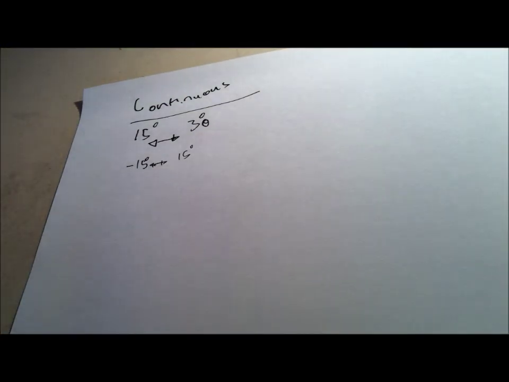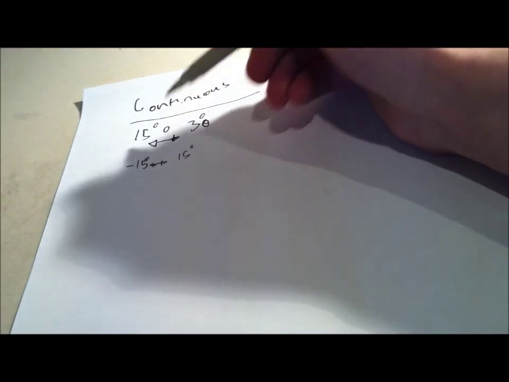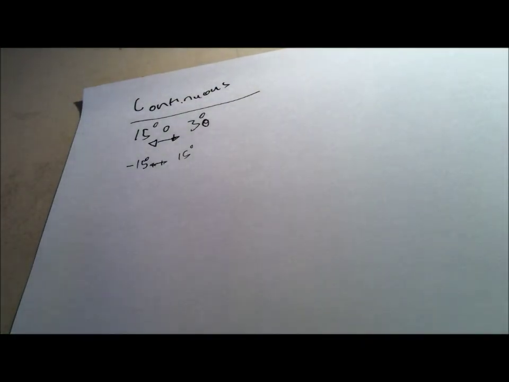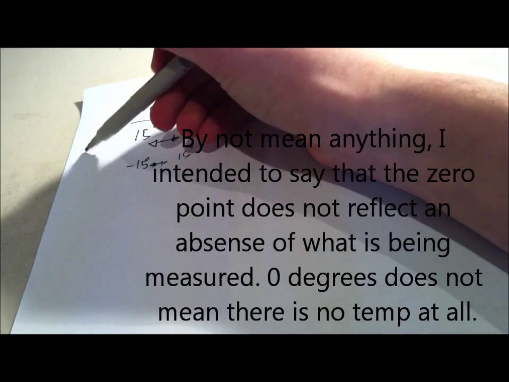You can't say that 30 degrees is 2 times 15 degrees, so it's not twice as hot. It's just 15 units of measurement difference in temperature. And so the 0 point doesn't have any real meaning. It's a completely arbitrarily made number. So that's interval.